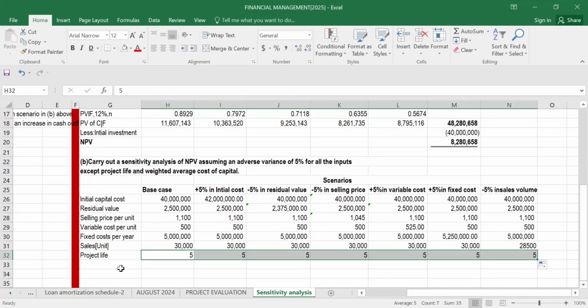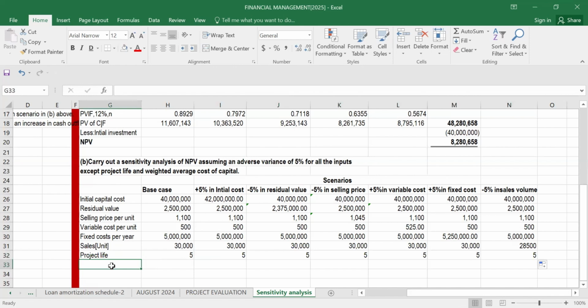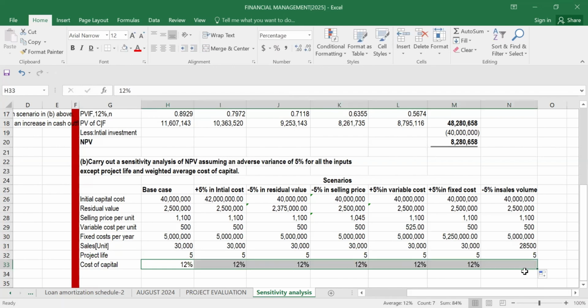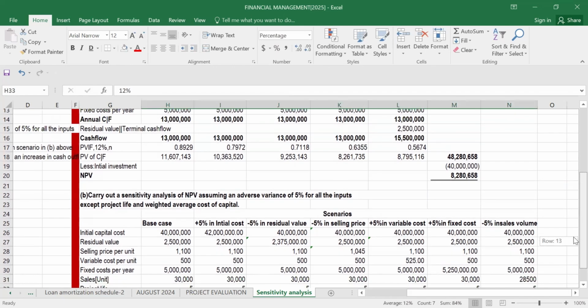The other variable which we also use in the computation of NPV is the cost of capital. We are also told to assume that this one will remain the same, and we know the cost of capital is 12%. Under all the scenarios, this one will not change. That's what we are told here.